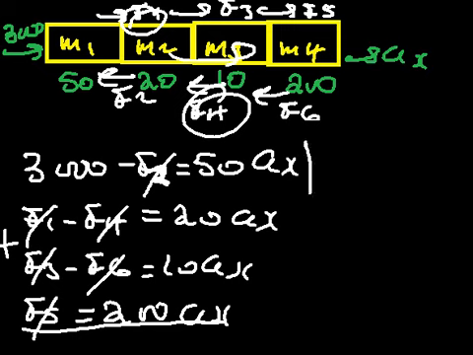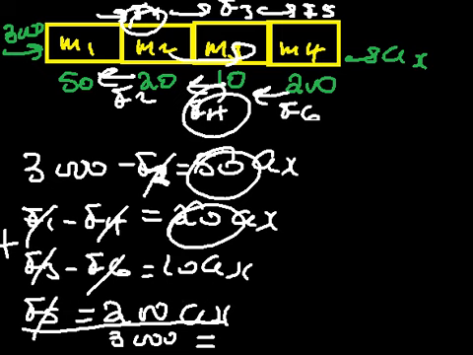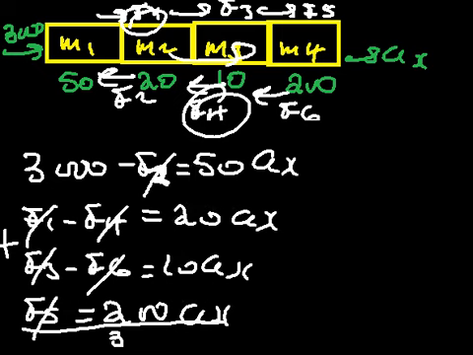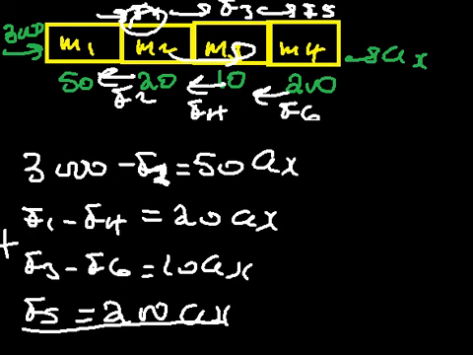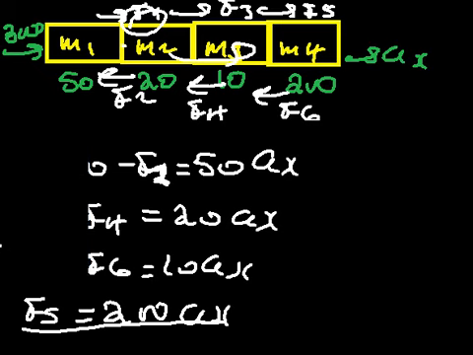So which means we now have it like this. We'll have 3000 is equal to, we'll have to sum up this and solve for acceleration. Upon having the acceleration, we'll have to find the contact forces between M1 as well as M2.